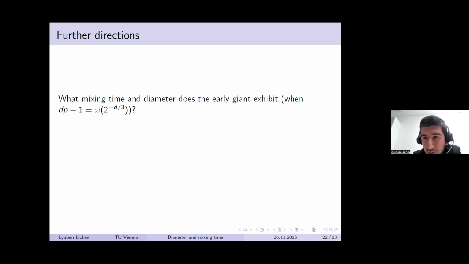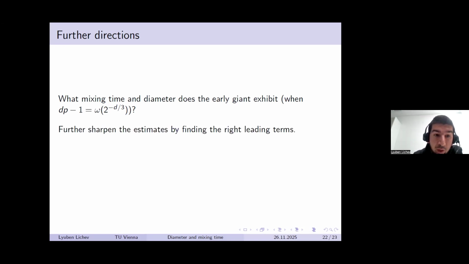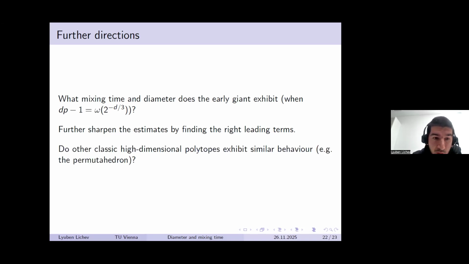If one decides to go into the critical window and slightly above it, then new ideas will definitely be necessary. One very ambitious open problem would be to actually pinpoint the right constants, which is quite difficult, but would be much appreciated by both the combinatorial and the probabilistic community.